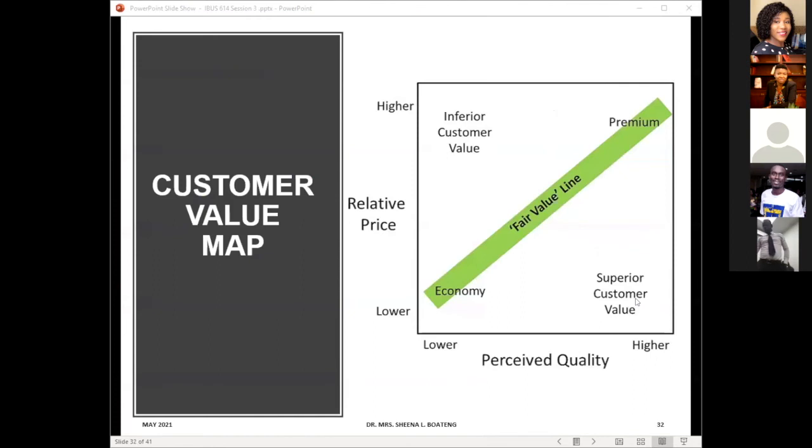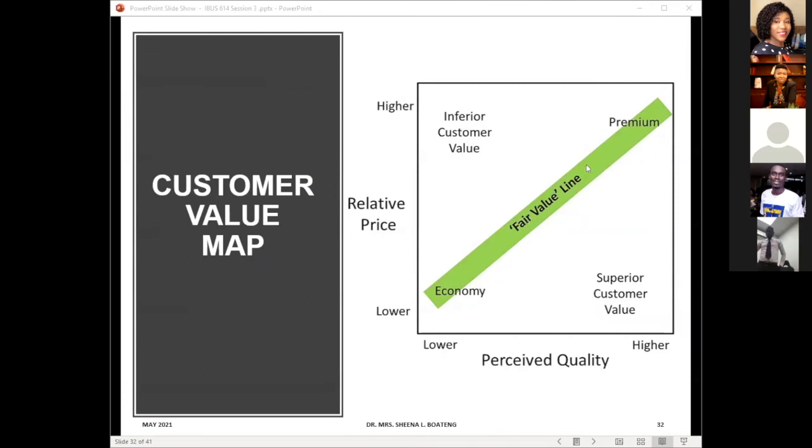So in terms of deciding where to position your brand, we have what we refer to as the customer value map, which helps firms to position their brands along what we refer to as the fair value line. In the Samsung example, the Samsung brand will be placed at the position of the fair value line where we have what? Which position would Samsung be? Premium, good. And then NASCO and Media will be somewhere in between, because the quality is not so bad.